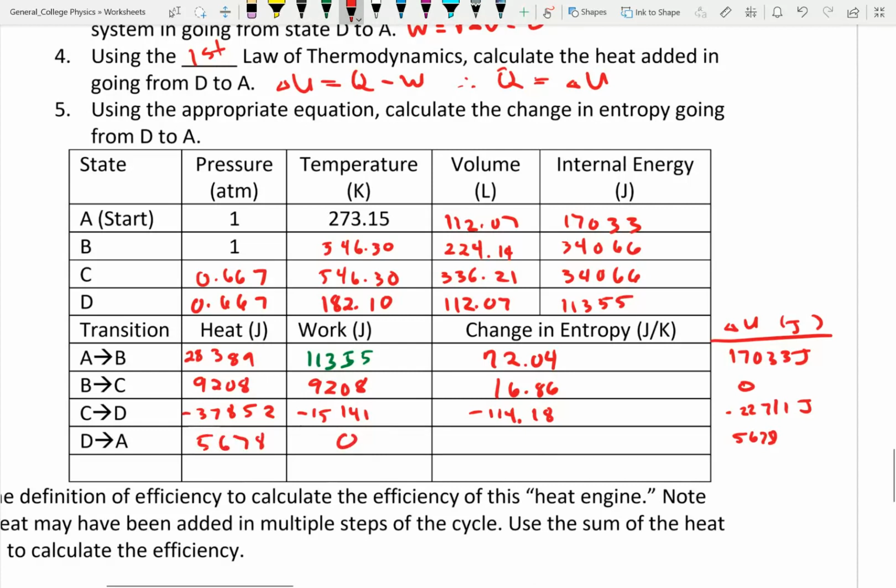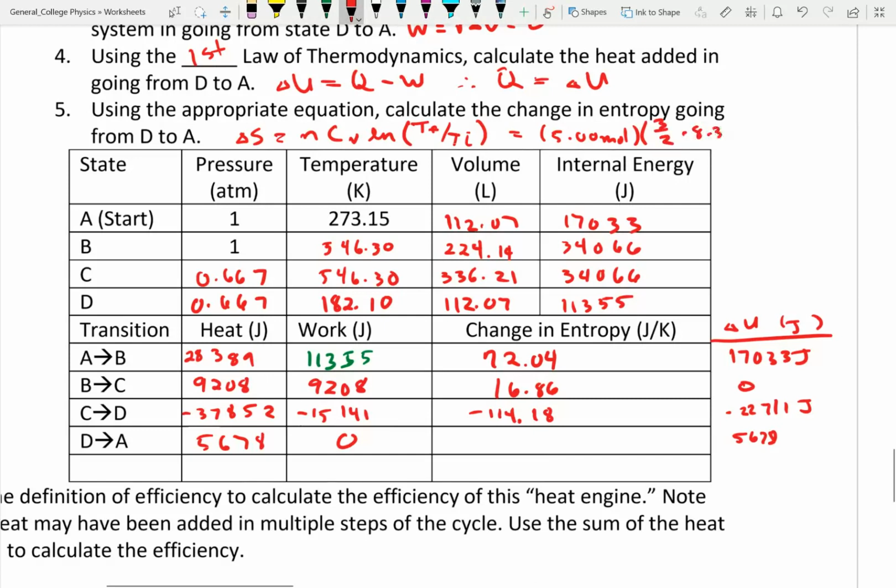And then the change in entropy. Well, for the change in entropy, this one here is isochoric. For the isochoric, we had the change in entropy delta S is equal to nCv natural log of T final over T initial. So this is going to be 5.00 moles times 1.5. Well, I'll put the 3 halves to make clear where that's coming from. That's 3 instead of 5.